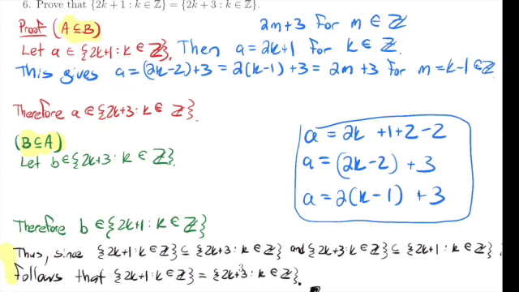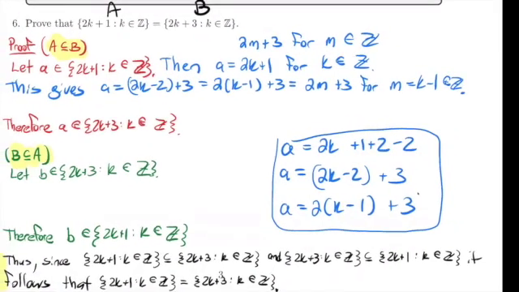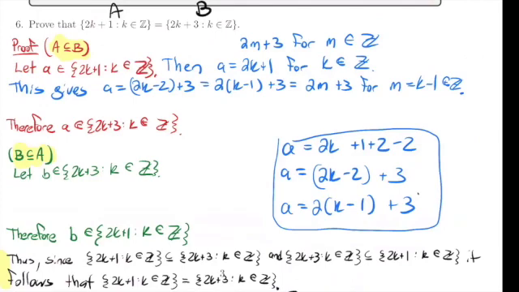And I don't think we need anything else to go from this sentence over to here, right? So that shows, therefore, that a is in the set 2k plus 3. Any questions?